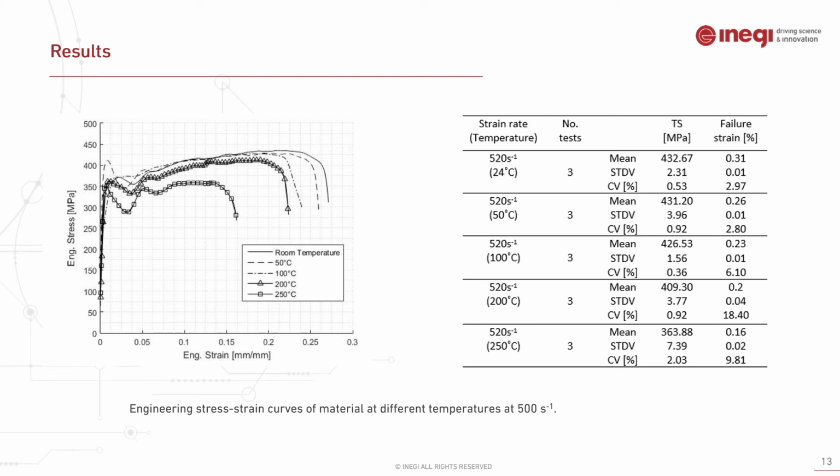It's also noteworthy that in this experiment we weren't able to use DIC because the specimen was enclosed inside the chamber, and all the strain values, including the one at room temperature, were derived from the Hopkinson bar analysis and not the DIC.